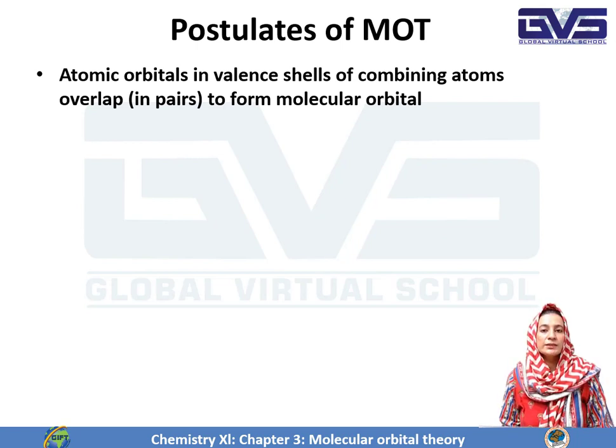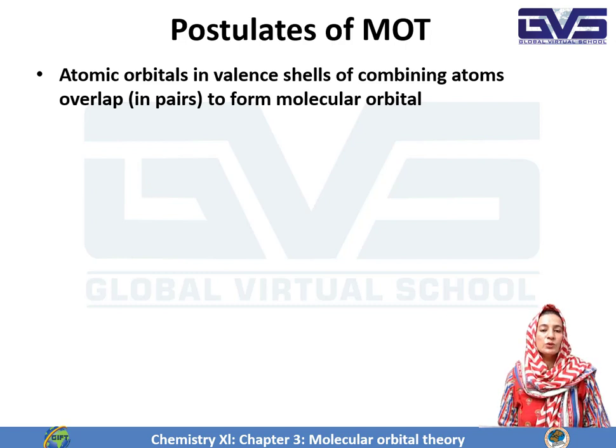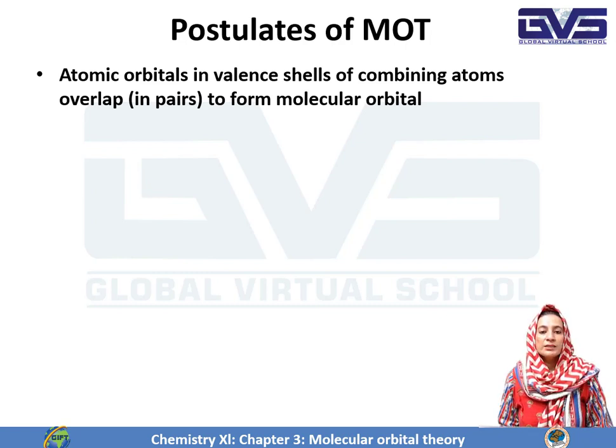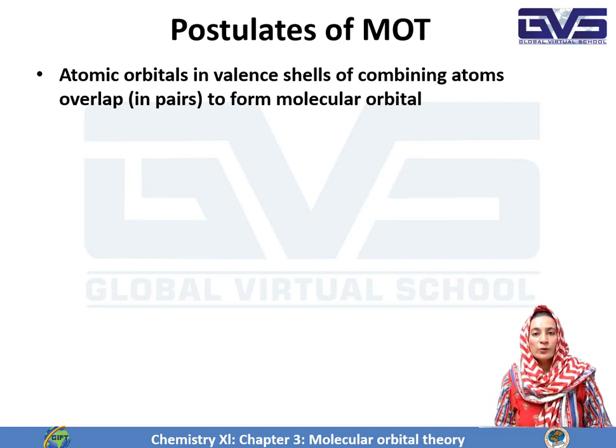Its postulates are very important to understand. Then we will apply these postulates to different diatomic molecules. First of all, atomic orbitals in the valence shell of combining atoms overlap in pairs to form molecular orbitals. So atomic orbitals overlap to form molecular orbitals, and in pairs means one from each atom.